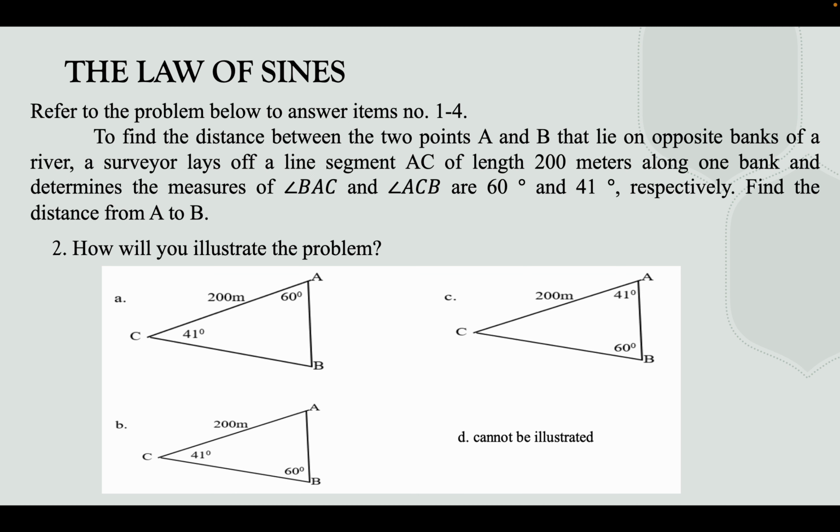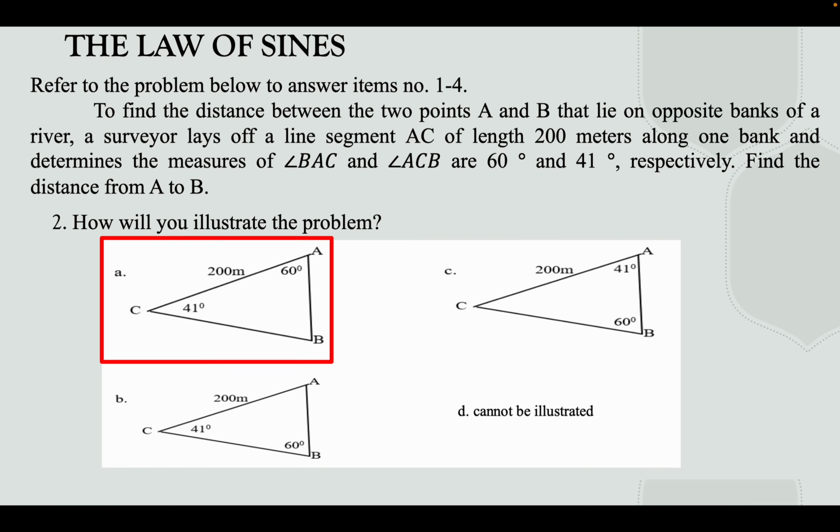So we have AC, that means AC is connected, that is 200 meters along one bank, and it determines the measures of, as stated in the problem, angle BAC, that means angle A is 60 degrees, and angle ACB, since that is angle C, is 41 degrees. And from A to C, the length is 200 meters. So based on the given illustrations, letter A matches the illustration. So the answer is letter A.